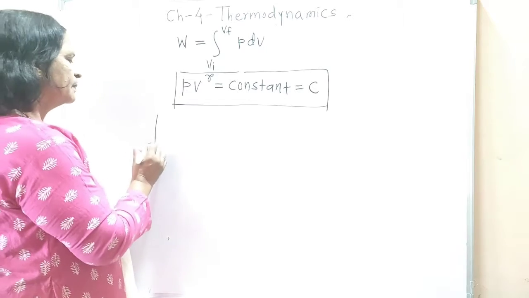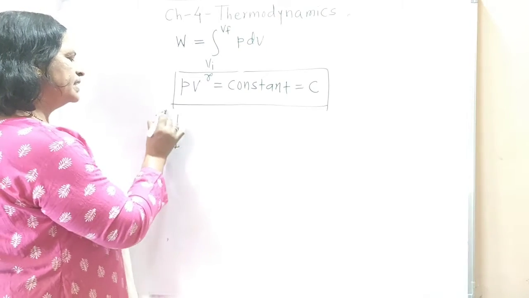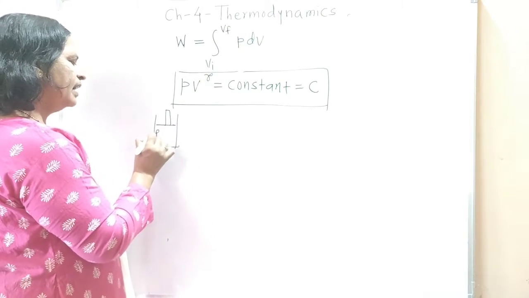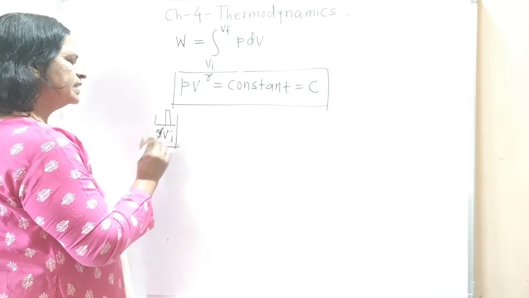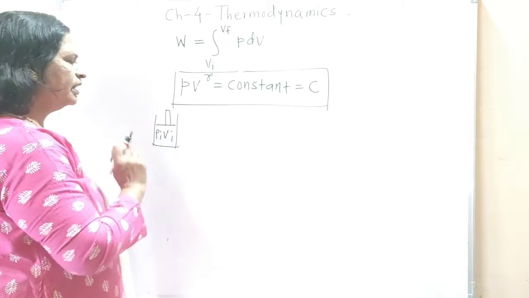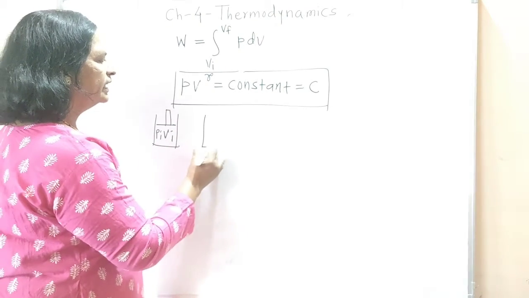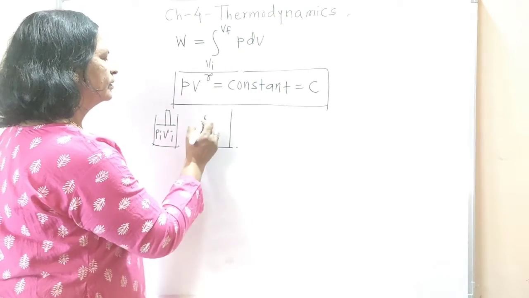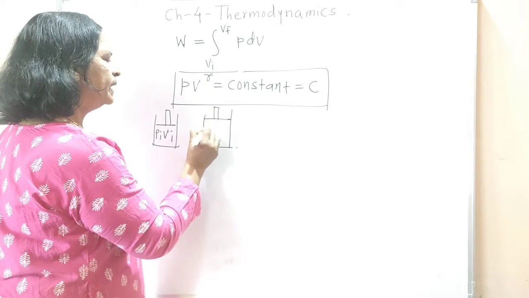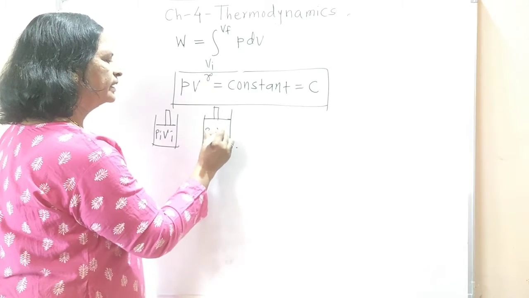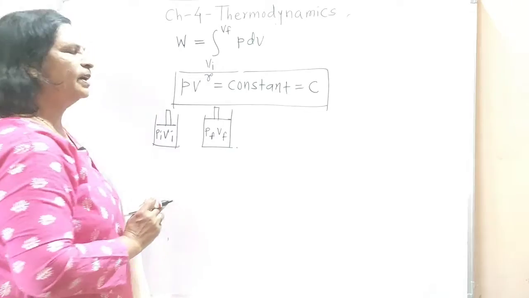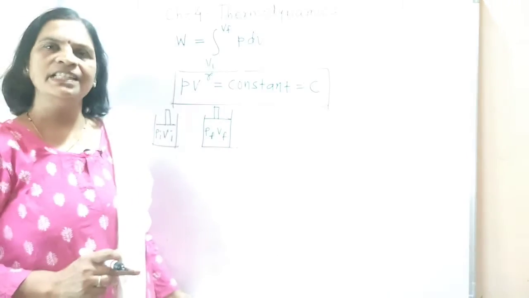And suppose this is the initial state of the system, then Pi, Vi are the initial pressure and initial volume of the system, and it turns into Pf, Vf, the final pressure and final volume of the system.